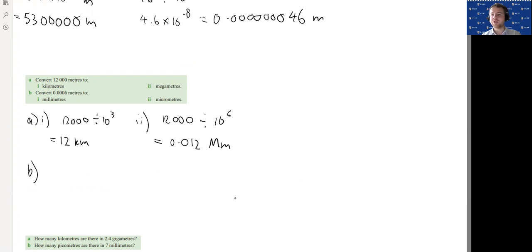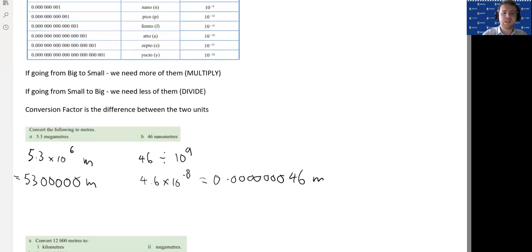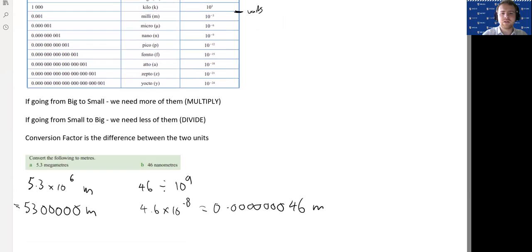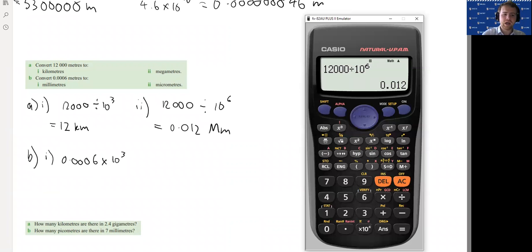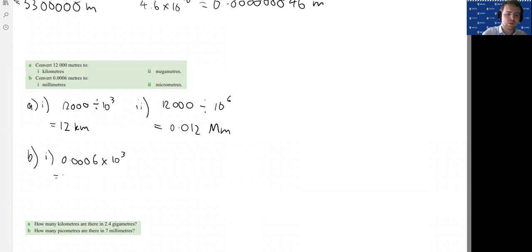Alrighty, for part B, we're going from meters to millimeters. So we're going to smaller units. We're going to multiply. So it's going to be 0.0006 times, and then the difference between meters and millimeters is 10 to the minus 3. So the difference is 3, times 10 to the positive 3. And we can just move the decimal point 1, 2, 3 times, and we get 0.6 millimeters.